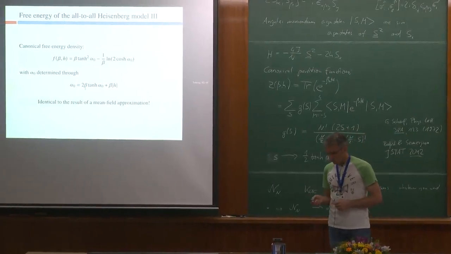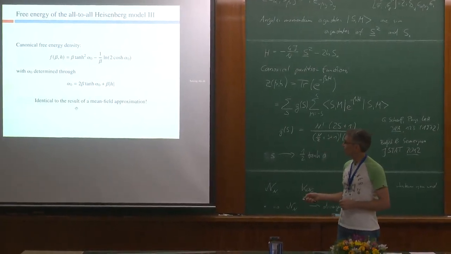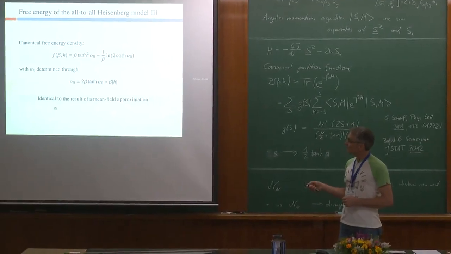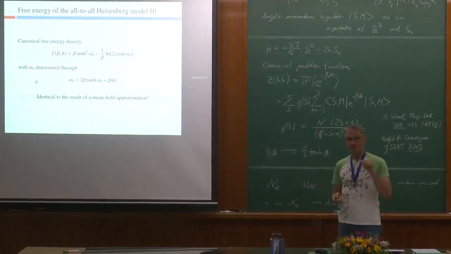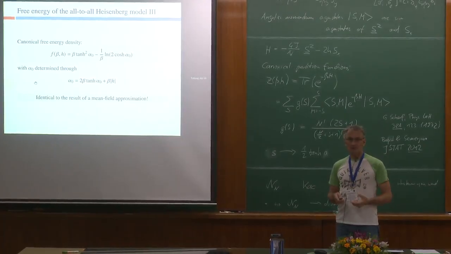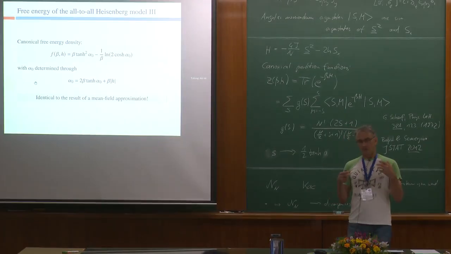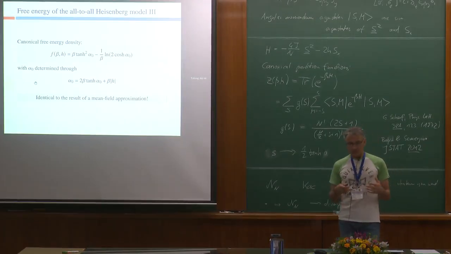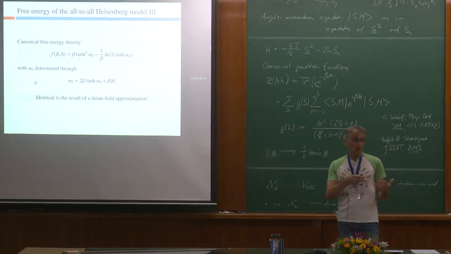The important one I want to stress here is that the result that we obtained by a calculation for that model is the same that we would have obtained by using the mean field approximation. Mean field approximation usually means you have a model that is not all-to-all coupled, but some spin model, say a spin Heisenberg model.